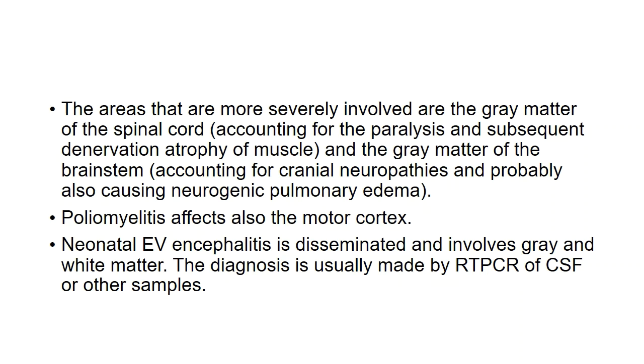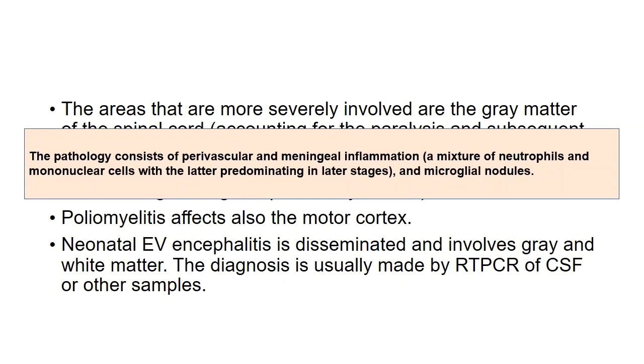However, neonatal enterovirus encephalitis is more disseminated and affects not only the grey matter but also the white matter. The pathology consists of a characteristic perivascular and meningeal inflammation, which is neutrophilic in the early stage, followed by mononuclear infiltration in the later stages. There is also formation of a characteristic microglial nodule.